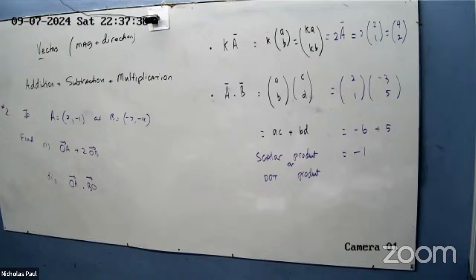So the first thing you need to get is OA and OB. That's the first thing we did in the class, right? Write down what is OA and what is OB.